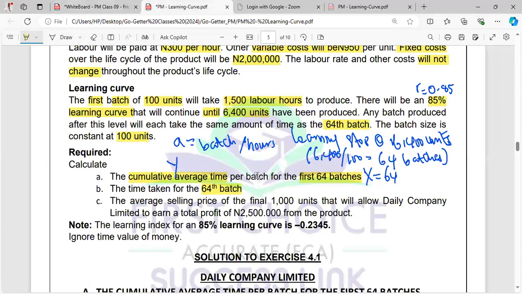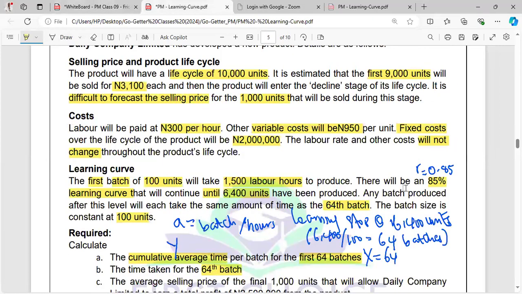They said any batch produced after this level, after the 64th batch, will take the same amount as the 64th batch. How many batches were we producing? We produced 10,000 units. So we'll come back to it.